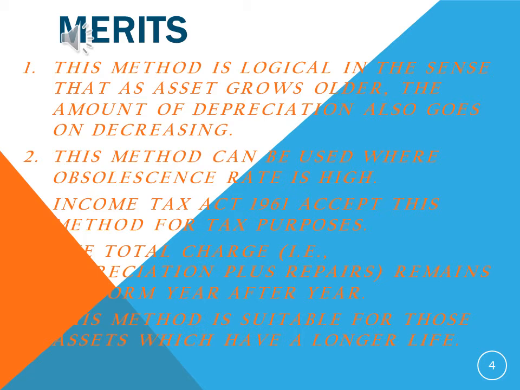The fifth point says that this method is very useful for those assets which have a longer life, so that the depreciation can be calculated in the correct way. So these were the advantages of reducing balance method.